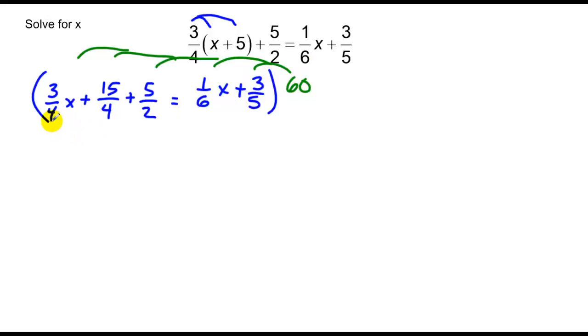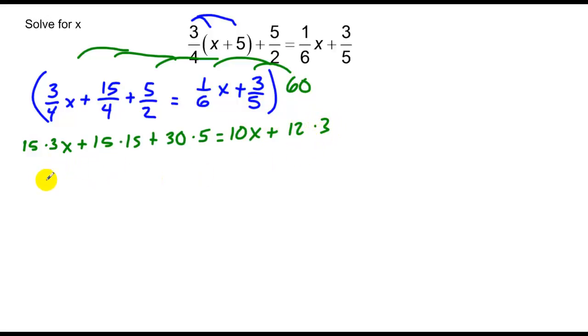Notice this 60 and 4 reduced to a 15, so that's 15 times 3x. Again, I have the 60 and the 4 reducing to 15, so that's 15 times 15. The 60 and the 2 reduced to a 30 times 5. The 60 and the 6 reduced to a 10 times x, and the 60 and the 5 reduced to a 12 times 3.